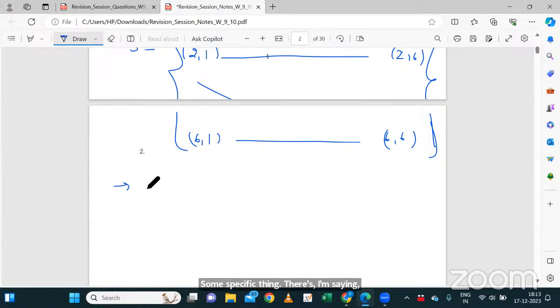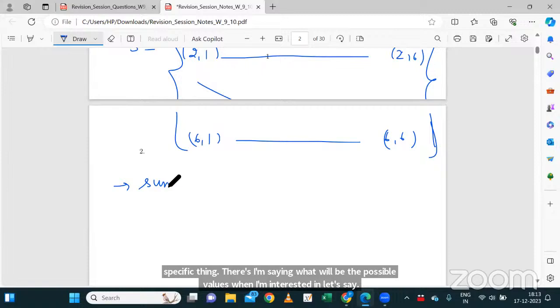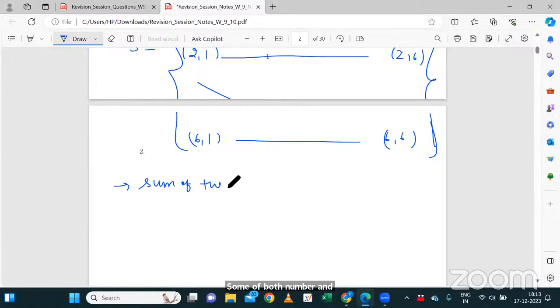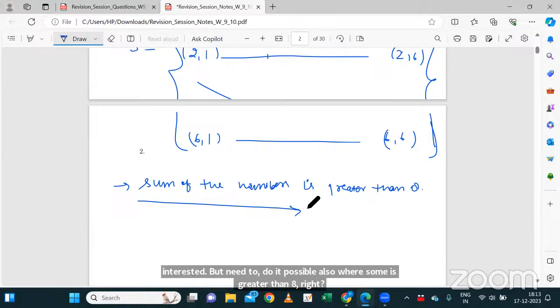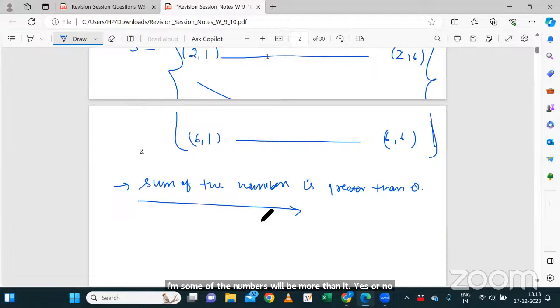I'm interested only in those possible outcomes where the sum of the numbers is more than 8. So what will be those outcomes? Like 4 5, 5 3.